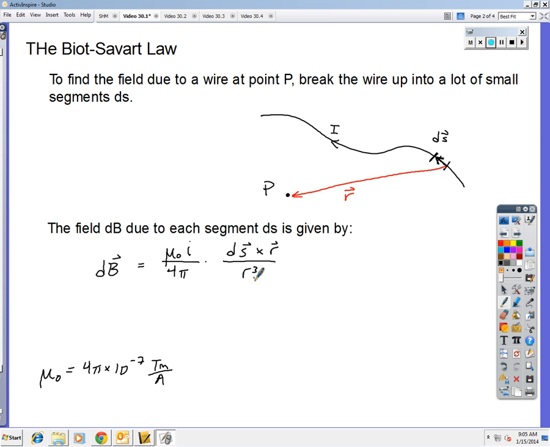This ds cross r is a cross product of vectors. Now the magnitude of ds cross r is just r times ds times the sine of theta, where theta is the angle between ds and r. The direction is given by the right-hand rule.